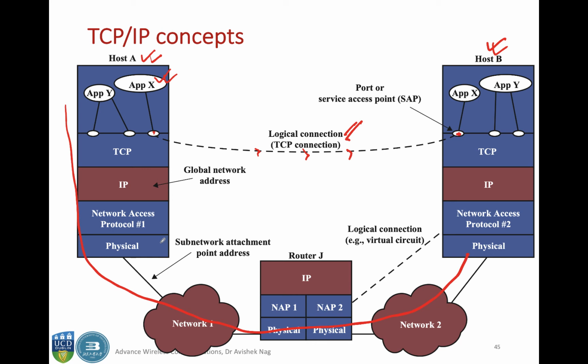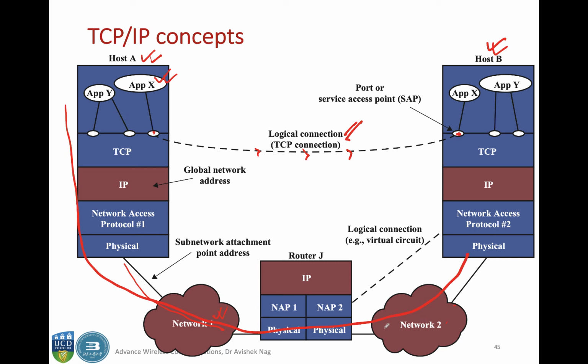Then the network access layer and the physical layer, and you can see that your message passes through several networks. It goes through network 1, then there is a router that sits at the interface of these two networks, and then it passes the message to network 2, and then it reaches the final host.